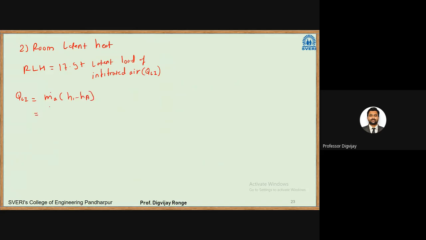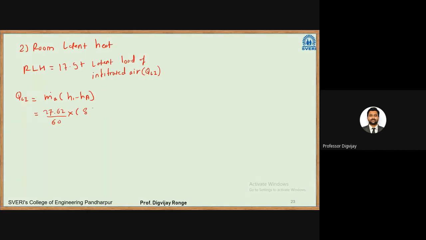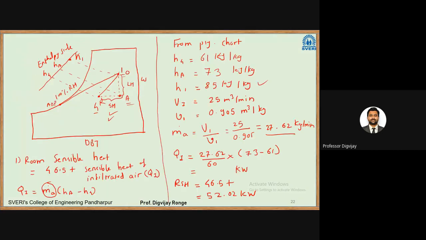Mass flow rate we have already calculated. That is our 27.62. So let us divide it by 60, into H1, which we have calculated as 85, minus HA, which we have calculated as 73.